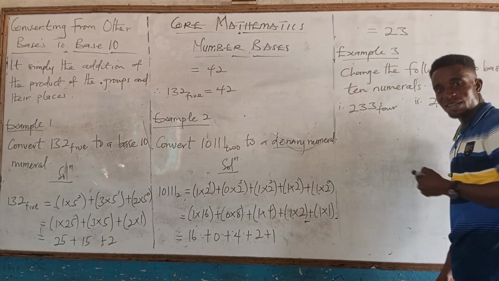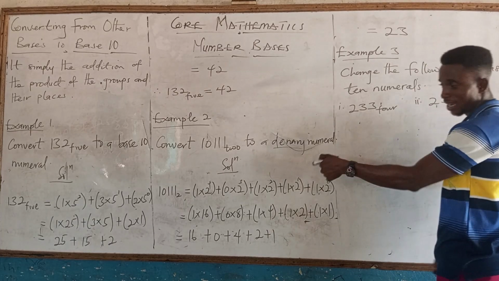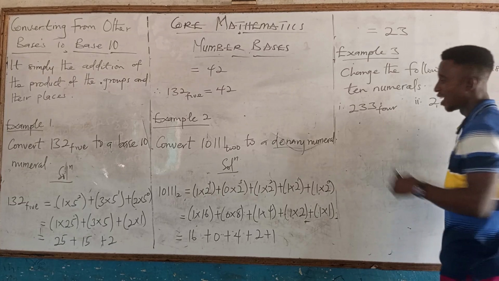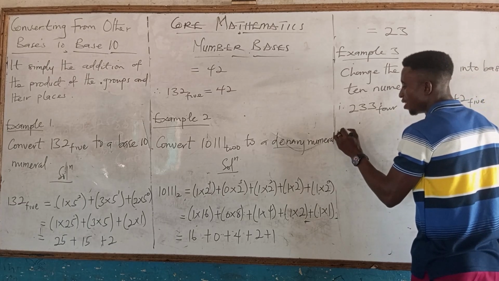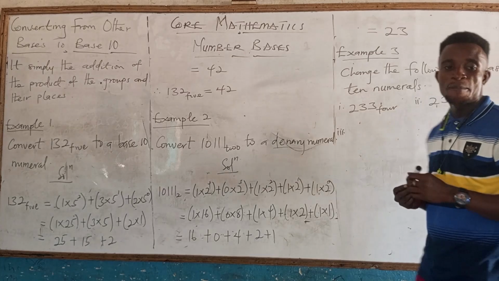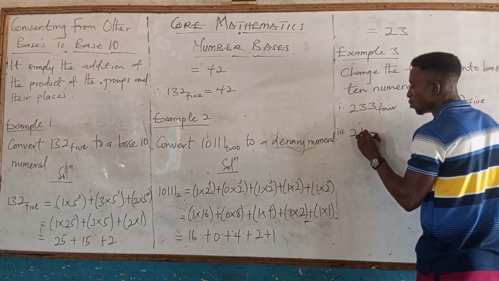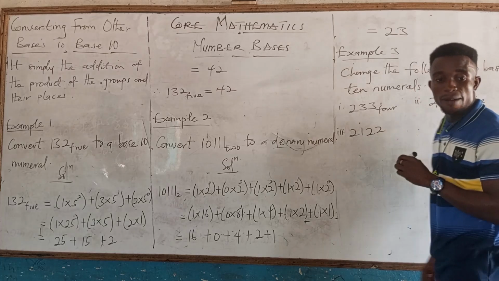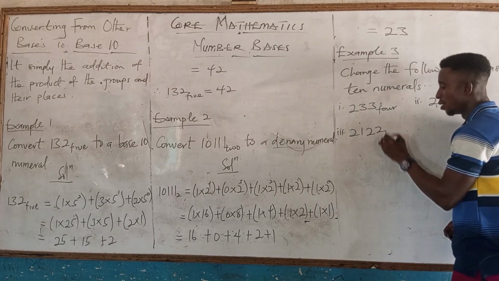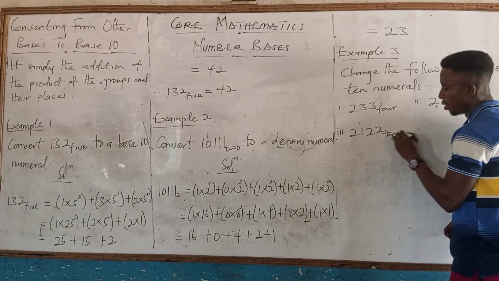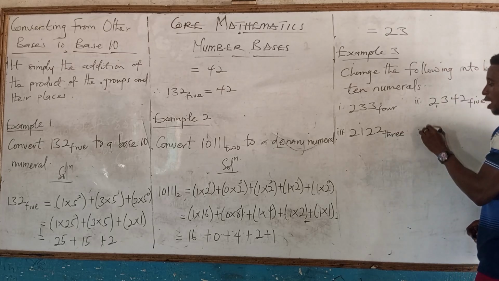You see the mistakes I'm making here? That is why I said use your calculator. Roman numeral 3: 2122 base 3.